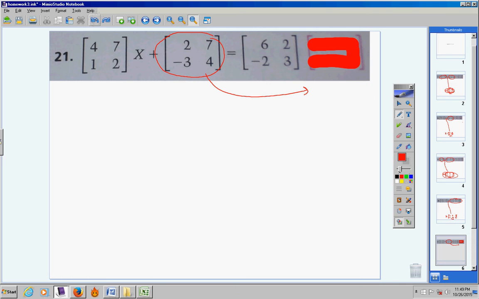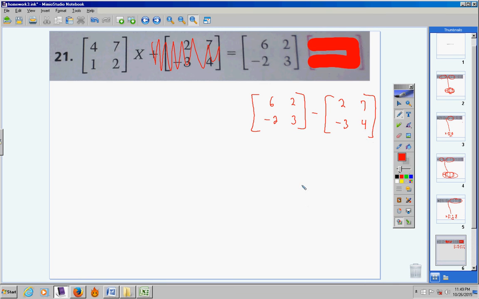So what I would have, see if this makes sense, I'm going to cross this off, it's now gone. I'm going to bring it to the other side. So I have 6, negative 2, 2, 3. Bring this matrix over, but the outside sign becomes negative. Everything on the inside stays the same. And now I subtract these two matrices. Now you can do that by making this plus and going through and changing all of the signs. That's totally fine.